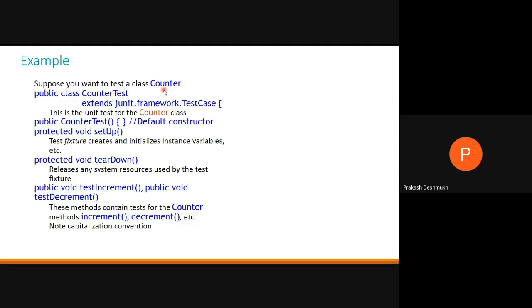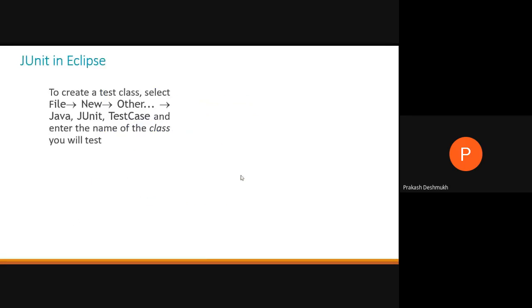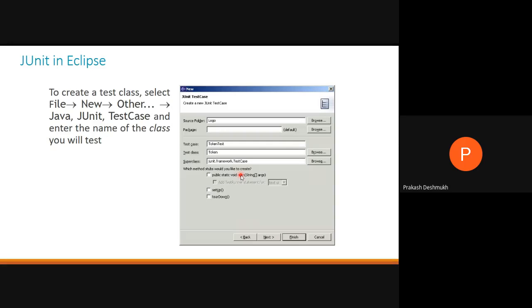And then you run it. You can run this in your Eclipse environment, and also in the JUnit framework. So how do you create JUnit in Eclipse? In your Eclipse IDE, you go to File, New, and create a new test case, such as TokenTest. This is basically the JUnit test case you are creating.